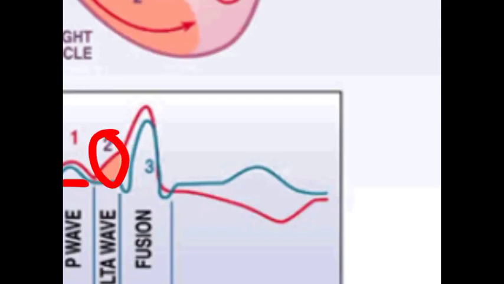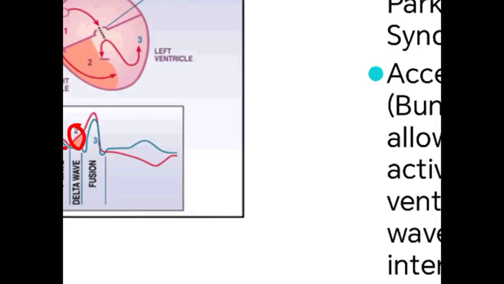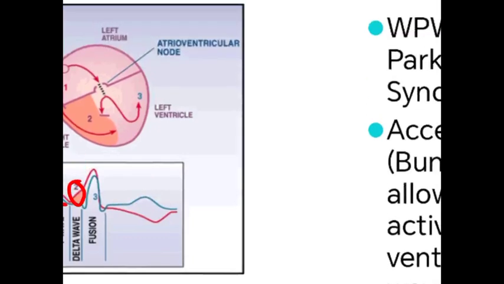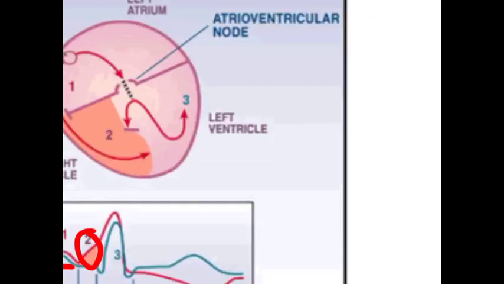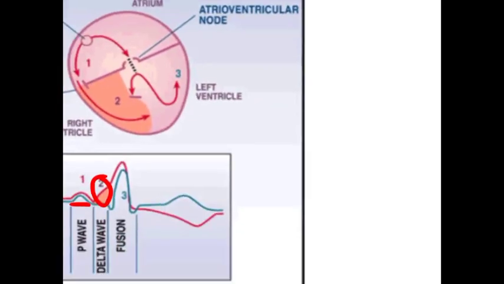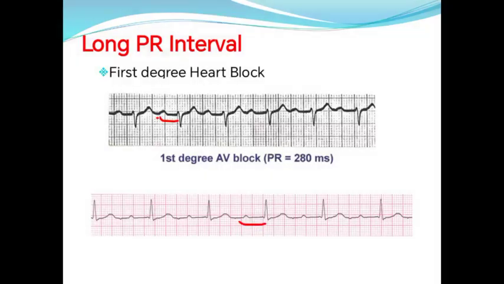This is why the PR interval is shortened. And this is what's called WPW syndrome. Here we have the sinoatrial node, and this is the AV node, and this is the abnormal current going through.